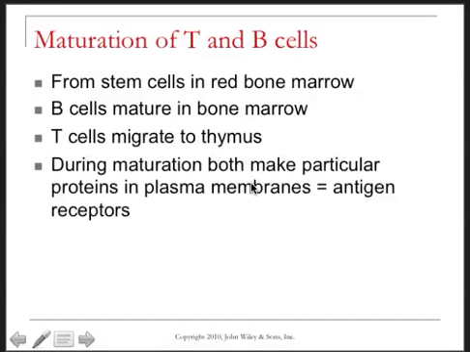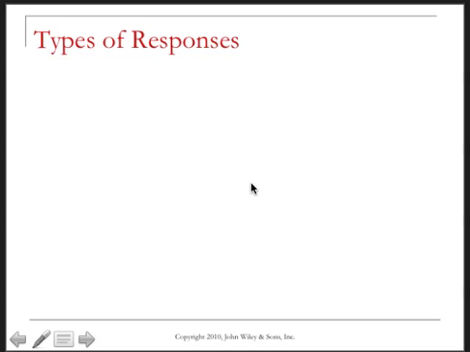During maturation, both make particular proteins in their plasma membranes. These are called antigen receptors, and this is what actually interacts with whatever the strange molecule is on the surface of the pathogen. When you talk about the lymphocytes, one of the things you have to understand is that they're all a little bit genetically different, and that genetic difference comes in the form of the genes responsible for creating the antibodies and the genes responsible for creating the T cell receptors.